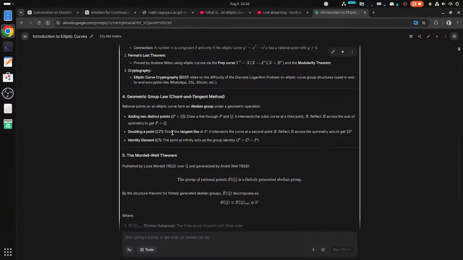To specify the direction here, because a tangent to a curve is always unique, there is no ambiguity here. It intersects the curve at a second point R. We take the reflection across the symmetry axis and we get 2P. That's not something I remember, so that's new to me.